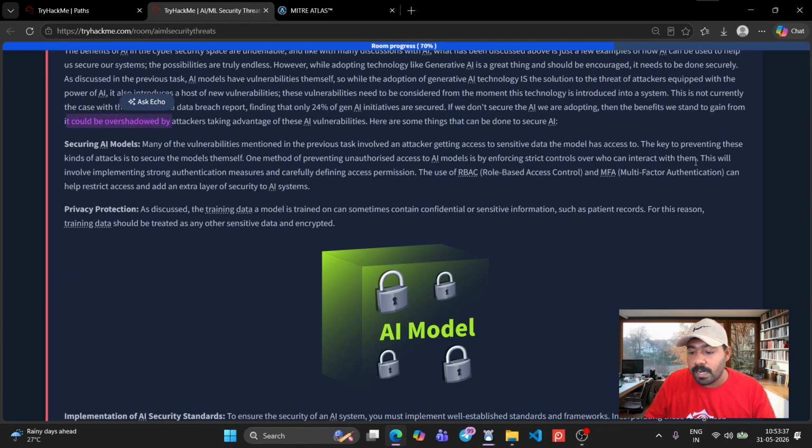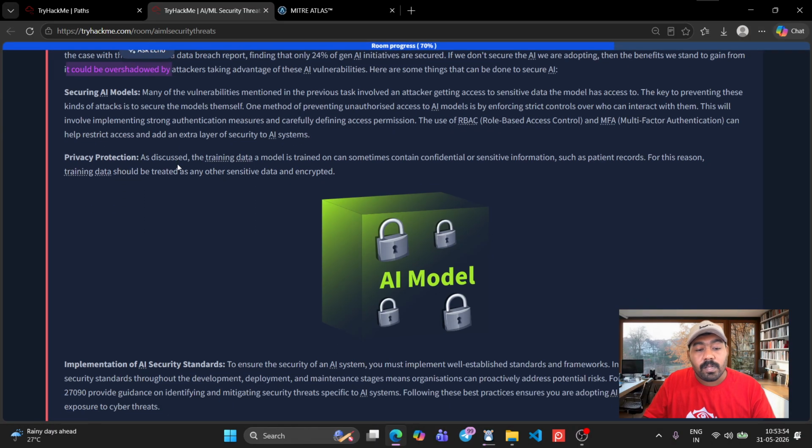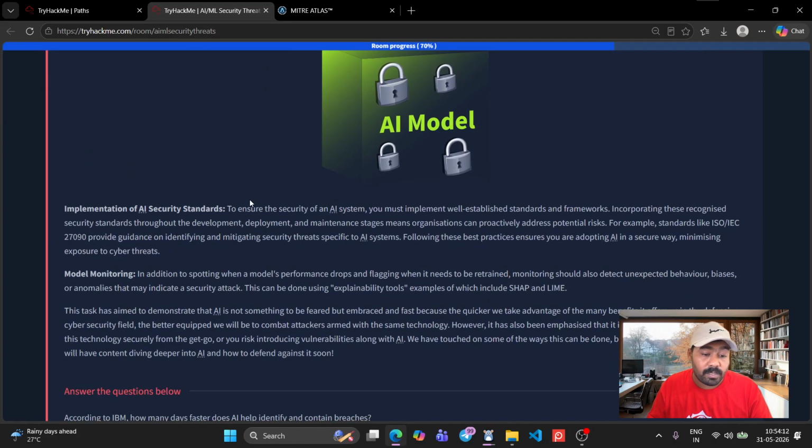You can refer to these data: securing AI models by implementing role-based access control and multi-factor authentication. These are the security measures to protect the AI, the artificial intelligence that we are currently using. Privacy protection: you can train the data, and you can keep all the sensitive information confidential to prevent leakage of this data. You have to treat sensitive data in an encrypted way. That's also mentioned.